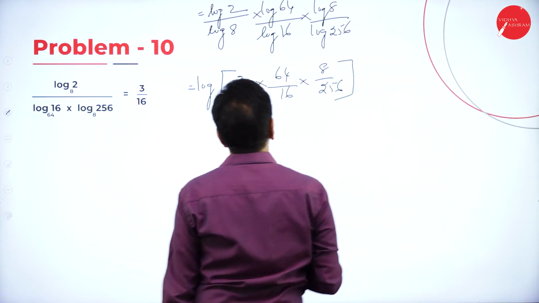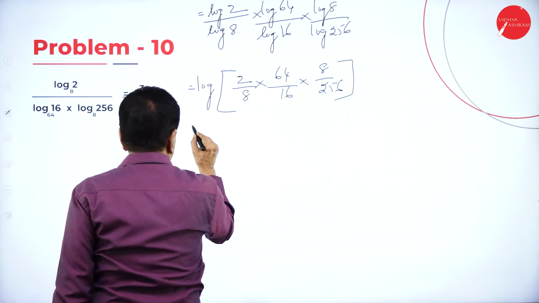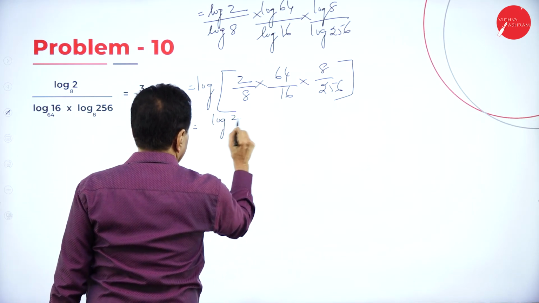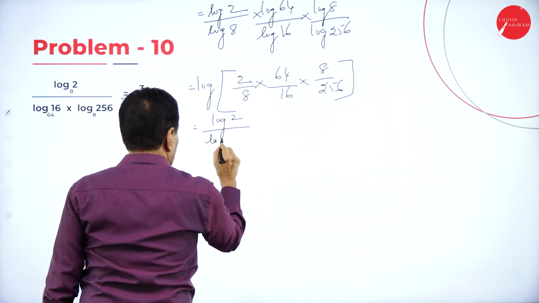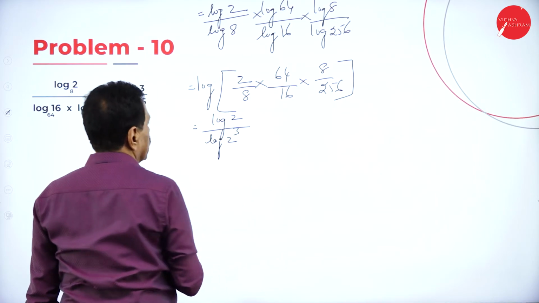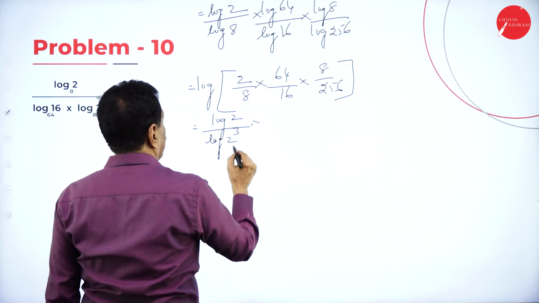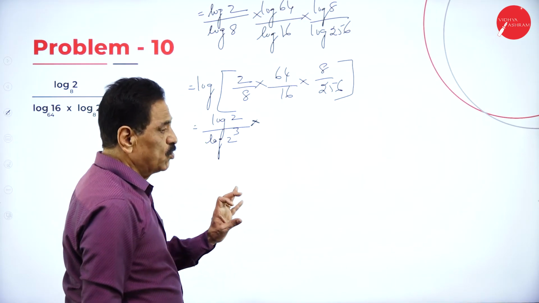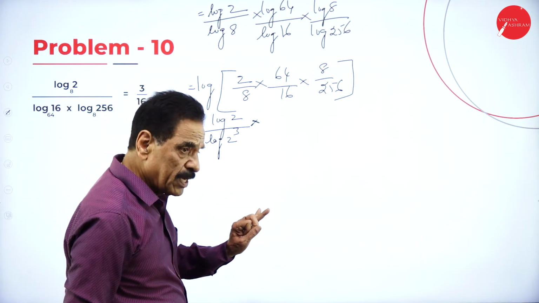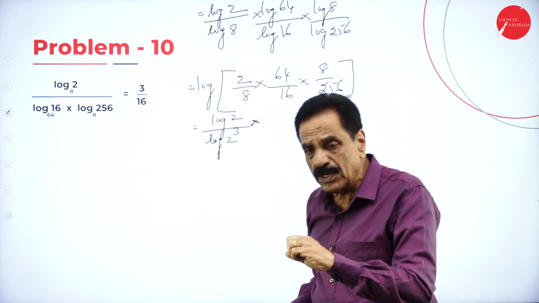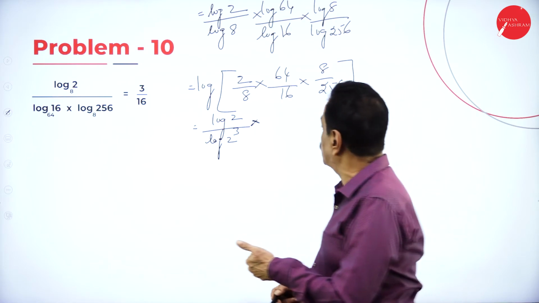So this can be written as log 2 cube into log 64. 2 2s are 4, 4 2s are 8, 8 2s are 16, 16 2s are 32, 32 into 2, 64.